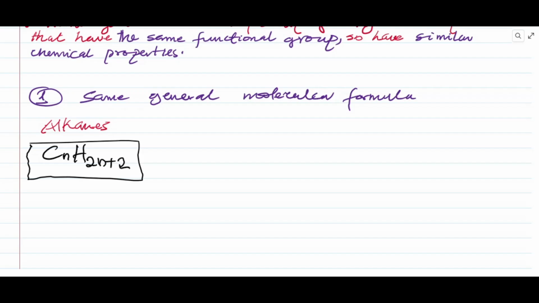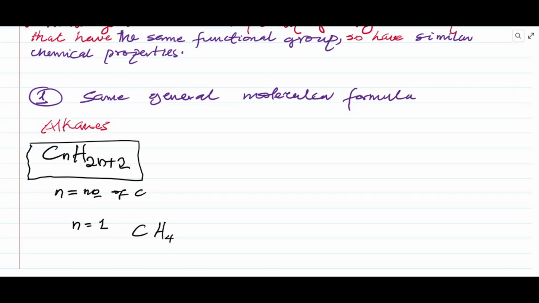What does this n stand for? n stands for the number of carbon atoms. So if n equals 1, what is going to be the family member? We just substitute n with 1 in the general molecular formula. It's going to be C1, H2 times 1 is 2, plus 2 is 4. Because it is 1, we don't need to write it.